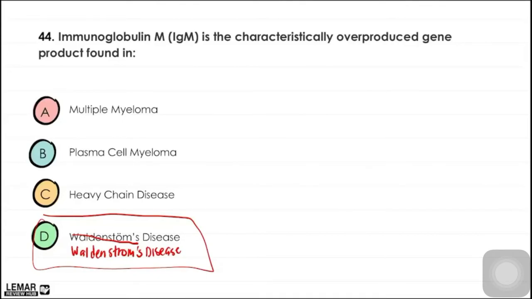Okay, so ano naman meron kay multiple myeloma? Multiple myeloma has 4 subtypes. So we have 4 subtypes of IgG heavy chains. These are known to exist among patients with IgG myeloma: IgG1, IgG2, IgG3, and IgG4.